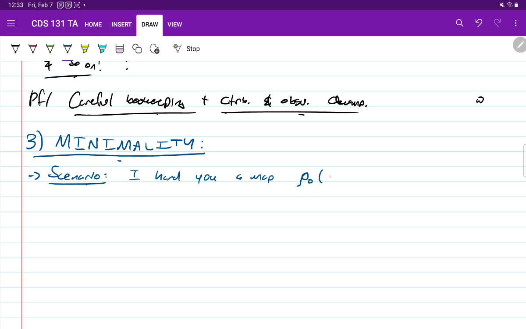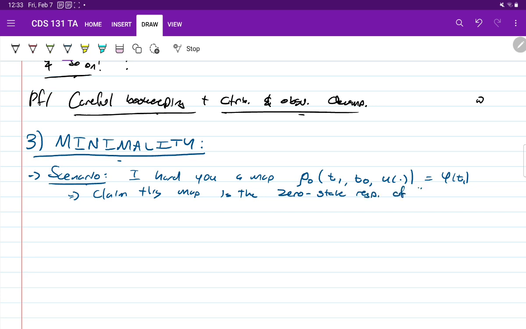And let's say rho naught takes in a pair of times, t1, t naught, and it takes in an input signal u, and then it returns some output signal y at time t1. Okay? So let's say I claim this map is the zero-state response of a system, on some input space U and some output space Y.